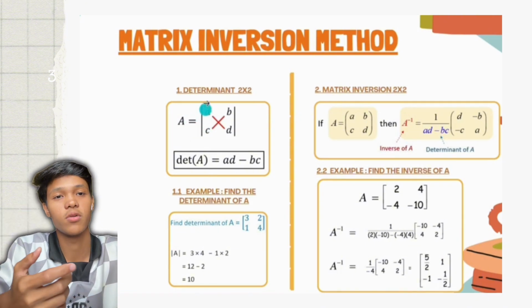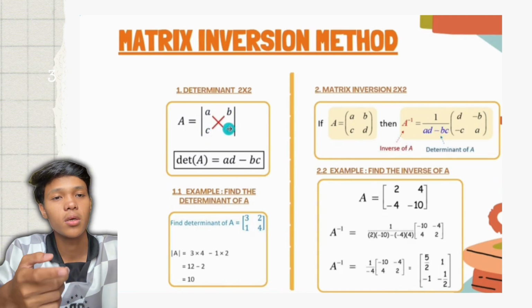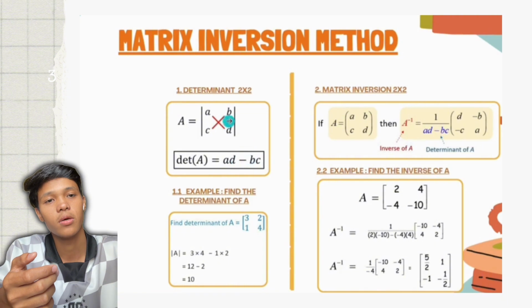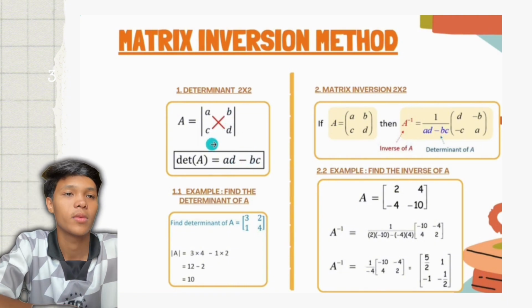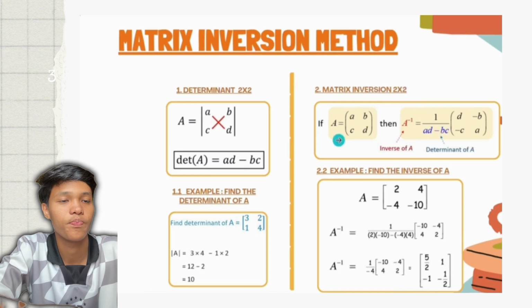To get the determinant, where A is equal to A, B, C, and D, you can use the cross-section method, which is A times D minus B times C. And we go to the next, which is matrix inversion 2 by 2.